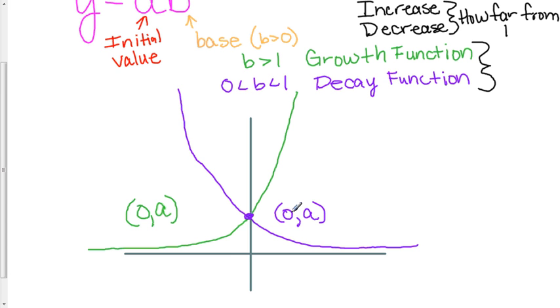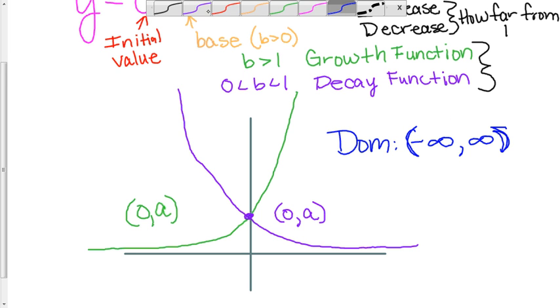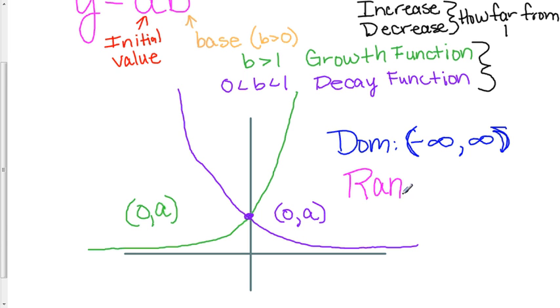Now in either case, the domain is going to be all real numbers, so from negative infinity to infinity. And the range for each of these two would be everything greater than 0.